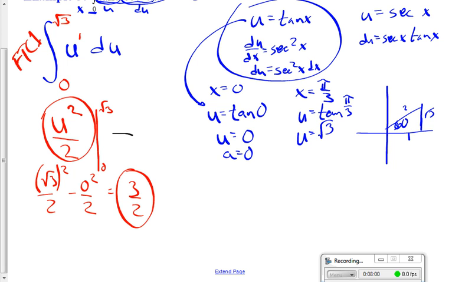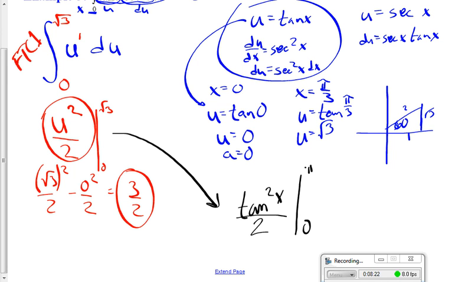So I'm going to jump over here just for a moment. Okay? U squared over 2, we said u was tan. So now this would be tan squared x over 2. Okay, that's the equivalent in terms of x's. Now, watch what happens here. If I went back to tan, I could leave my bounds the same, 0 to pi over 3, right?